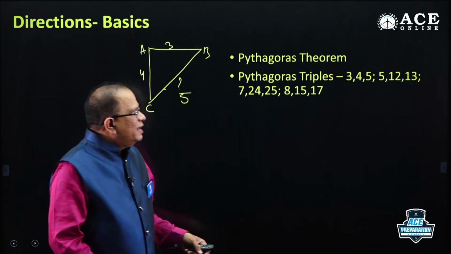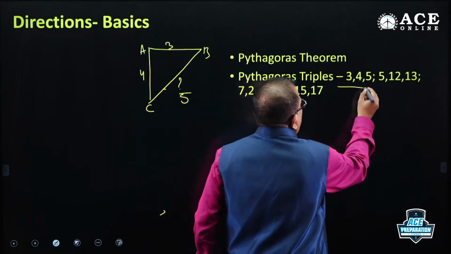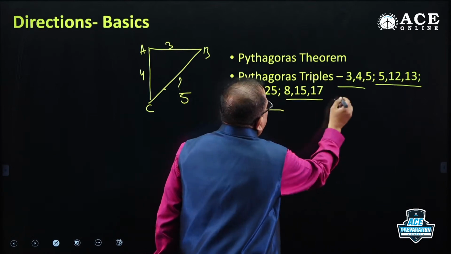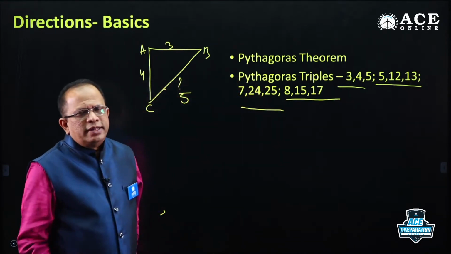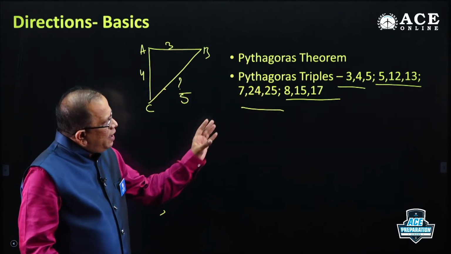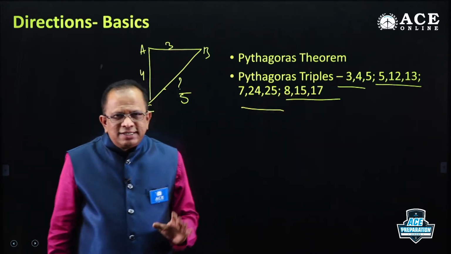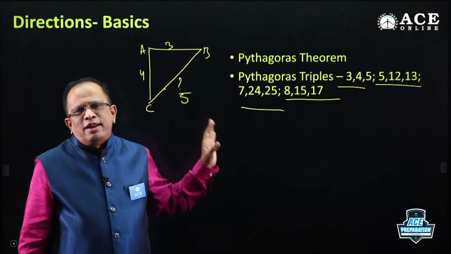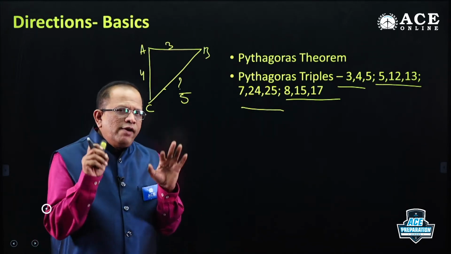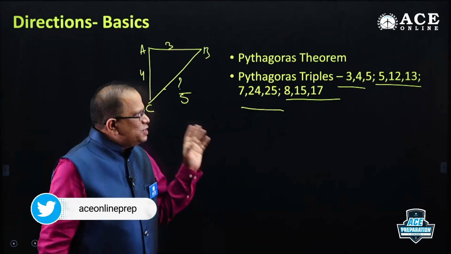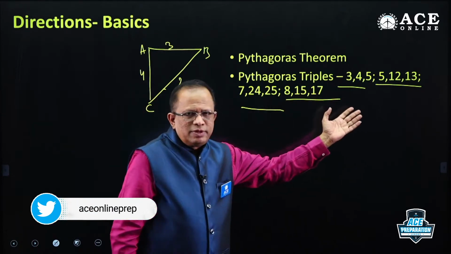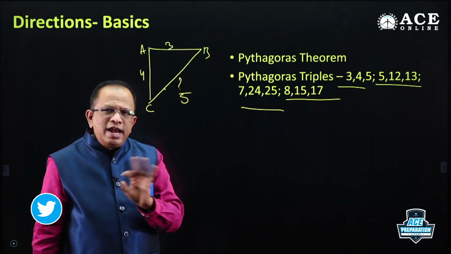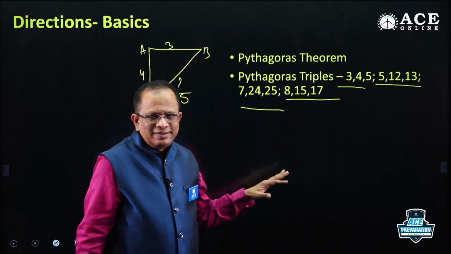That means the question will have 3, 4, 5 or 5, 12, 13 or 7, 24, 25 or 8, 15, 17. That's all. They don't go beyond that. So if you can identify and remember these 4 sets, that is more than enough. You see, I'm simplifying your job. You just note down these triples, that's enough. They cannot go beyond that. All right?